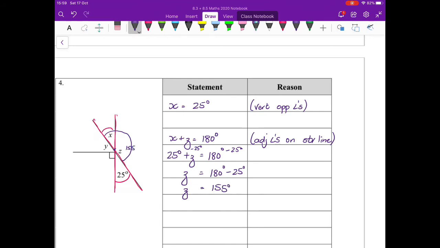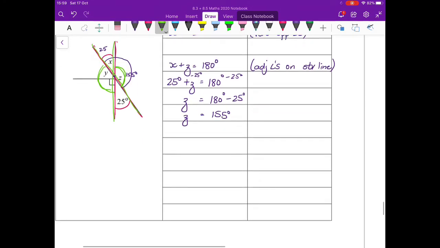So z is 155 degrees, x is 25, and if you have a look here, you can see that this angle is vertically opposite to that angle because they are in vertically opposite positions for those two intersecting lines. So let's describe the diagram. We're going to say y plus 90 degrees equals 155 degrees.